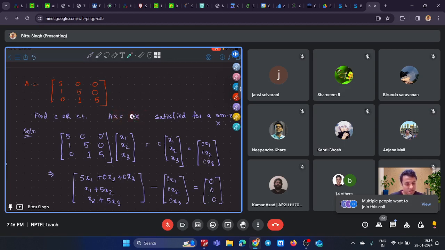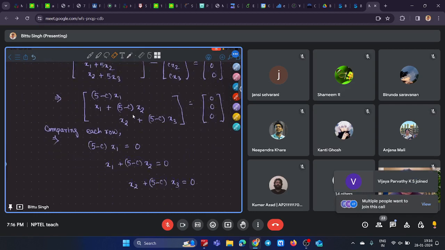When x is 0, then cx is 0, and it is satisfied by any c. So it is not interesting. Therefore, the question is like this: for some non-zero x, it has a solution.